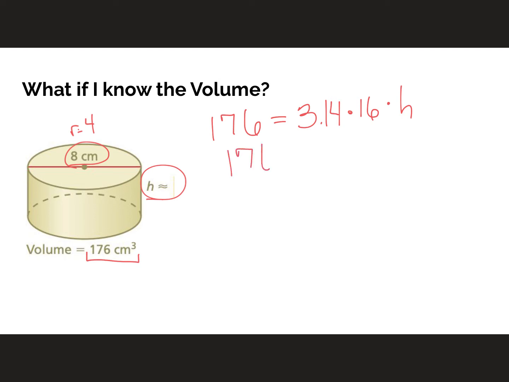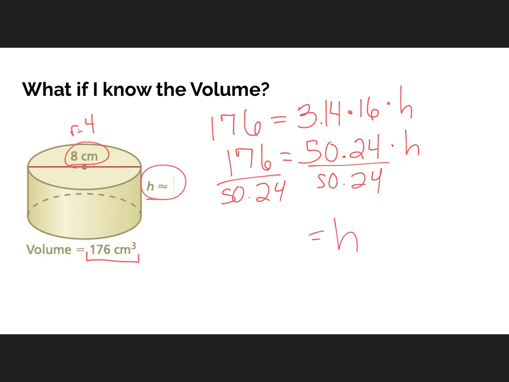So I have 176 equals 50.24 times H. Then I'm going to divide both sides by 50.24. Over here I'll have H, and 176 divided by 50.24 gives me, I'm going to round this to the nearest tenth, 3.50, which means I just cut that off, it's 3.5. So my height is 3.5 centimeters.